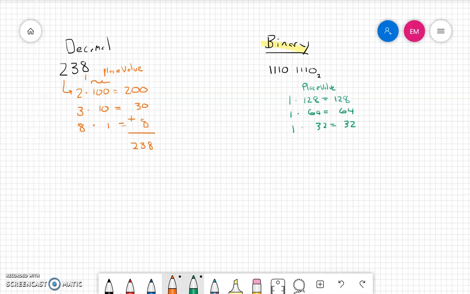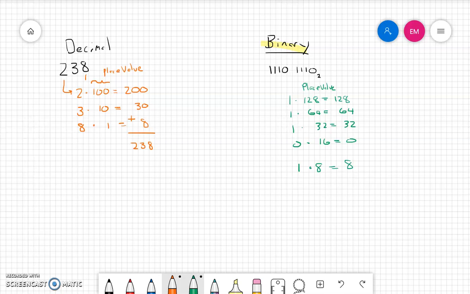It gives me 32. This place value here is the 16's place value. I don't have any 16's, so 0 times 16 is going to give me 0. Here we have the 8's place value. I have one of them, so 1 times 8 gives me 8.